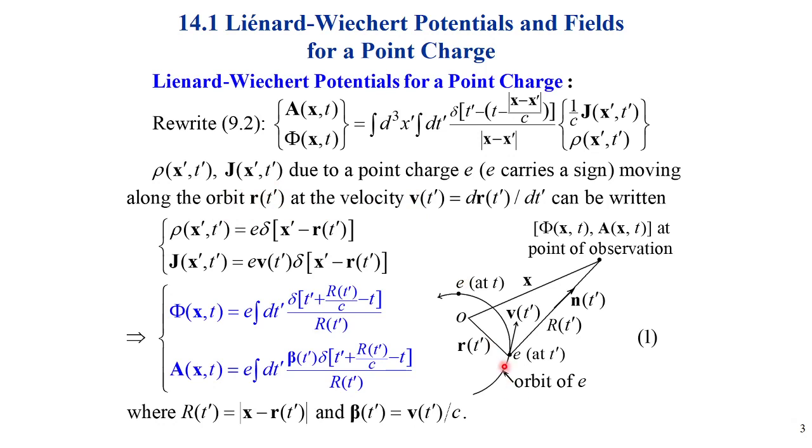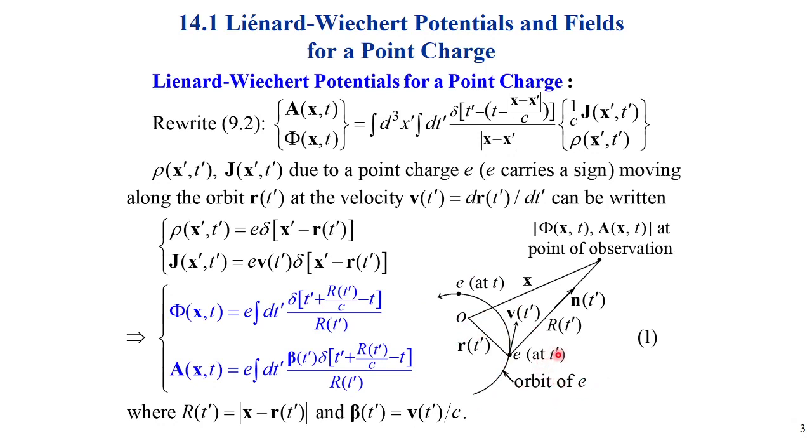Here, for example, the charged particle e and its orbit is here. Not a circle, but an arbitrary orbit. That's the orbit of e.